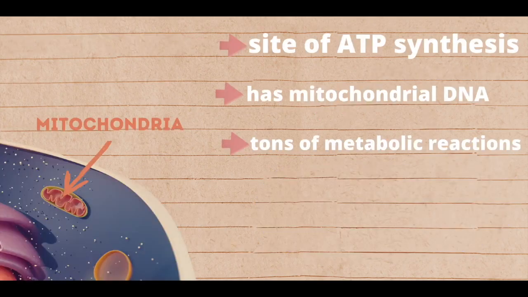permeability. Okay, so there are a couple functions to the mitochondria. One really cool fact is that it has its own mitochondrial DNA, and this comes from the mother. And secondly, it has a ton of metabolic reactions. But we are not going to go over all of these metabolic reactions because this would take forever, but just know that it has very important metabolic reactions.